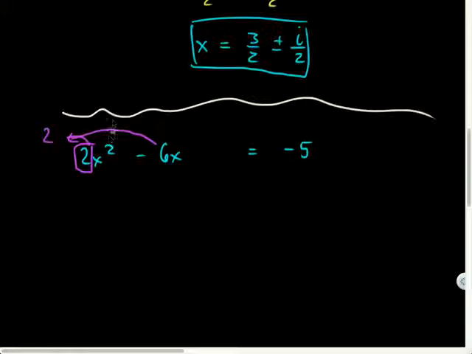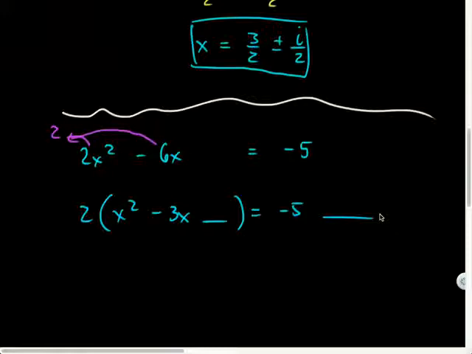So this would have 2 parentheses: x squared minus 3x blank equals negative 5 blank. Now, let's see what happens. How do I find my new C term?